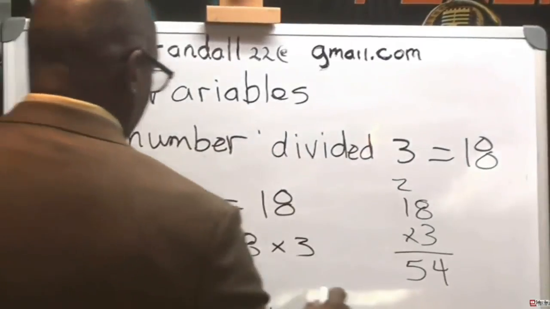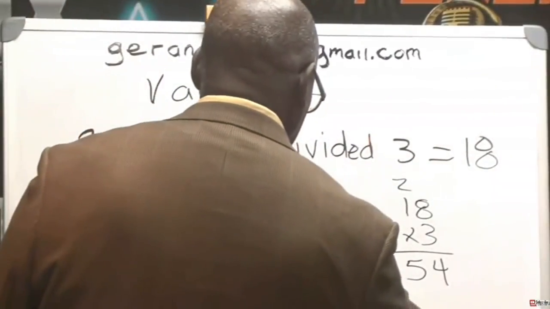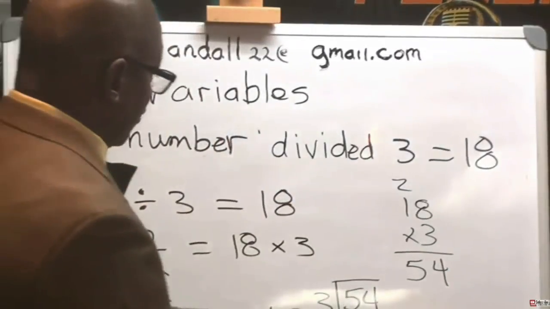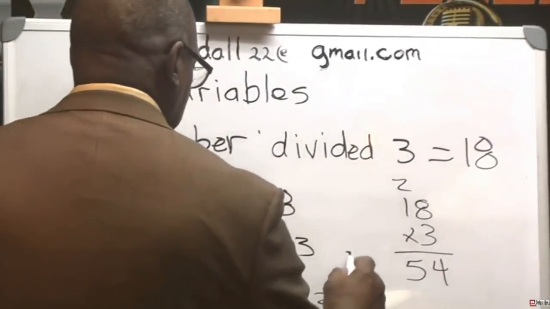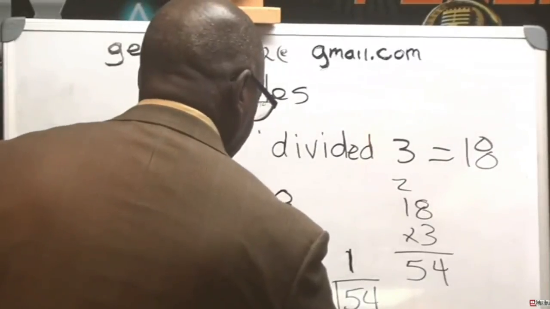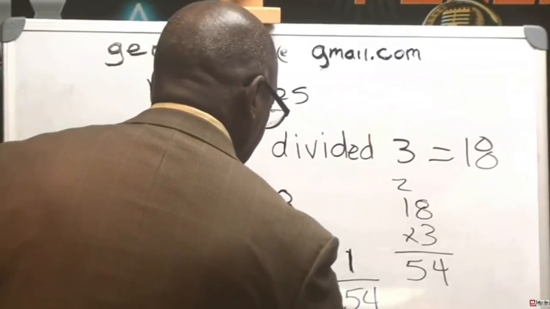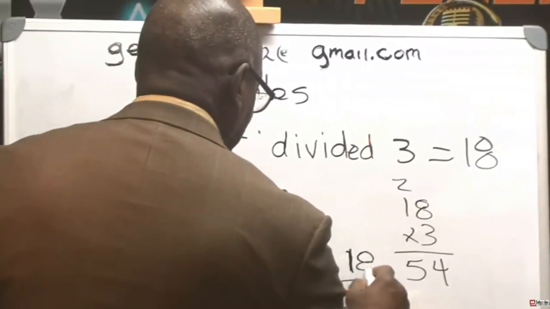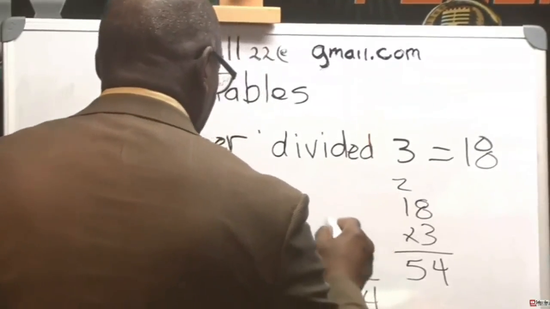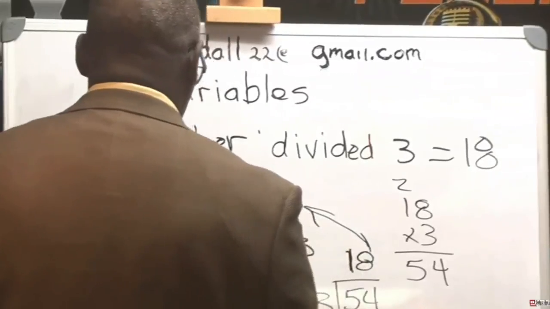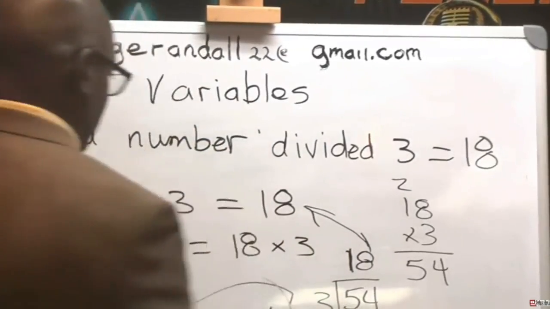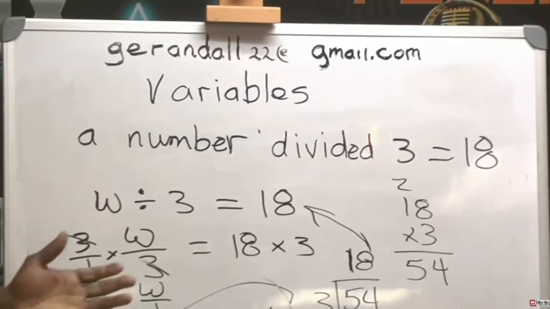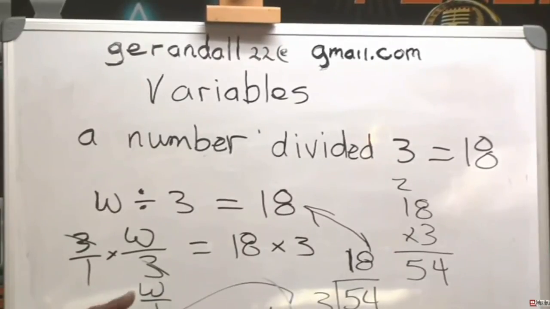We put 54 in the house, and we divide by 3. 3 goes into 5 once. 3 goes into 24 8 times. And look at that. So in this case, w equals 54. We've done 2 algebraic problems.